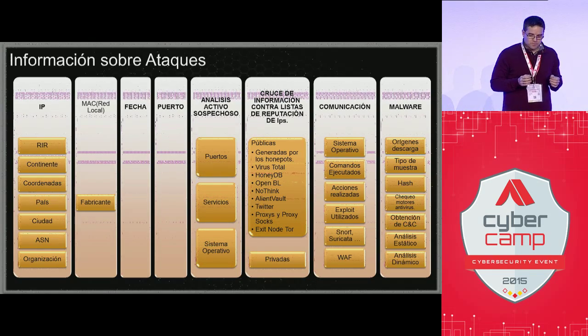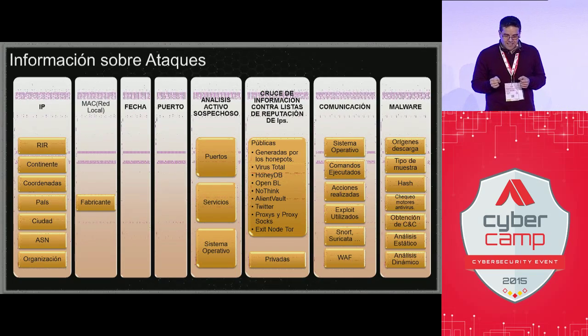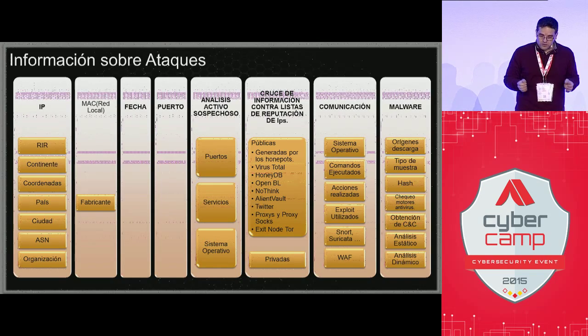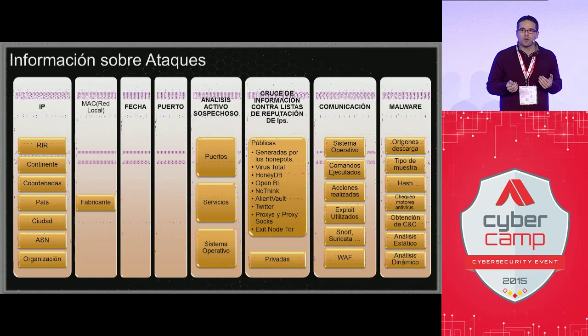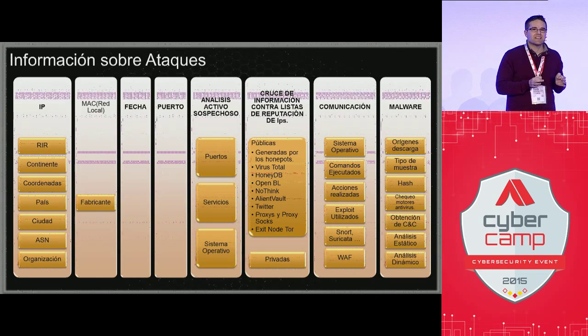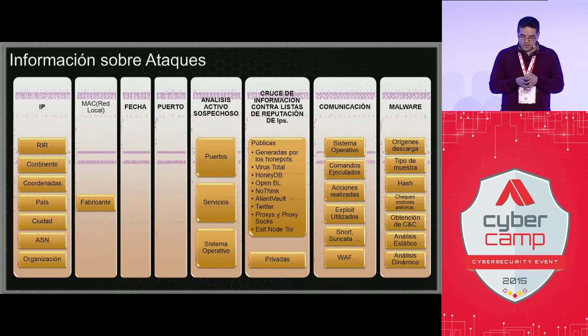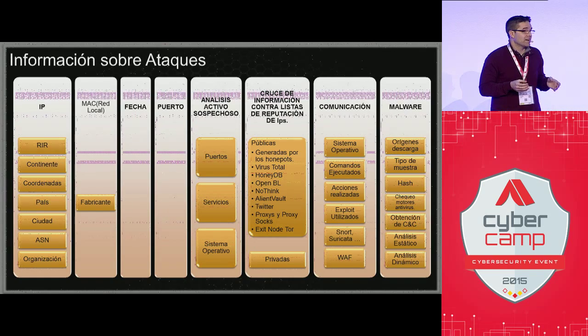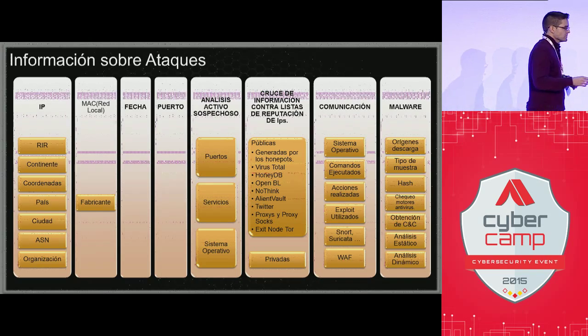First of all, the OS from passive fingerprinting, the commands that are executed, the actions that are carried out, the exploits that have been used, if any. And then we could also mount an IDS before the honeypots with sensors such as Snort or any other, and they would tell us the type of attack that is being done against us. If we deploy a honey web, we could also do that.